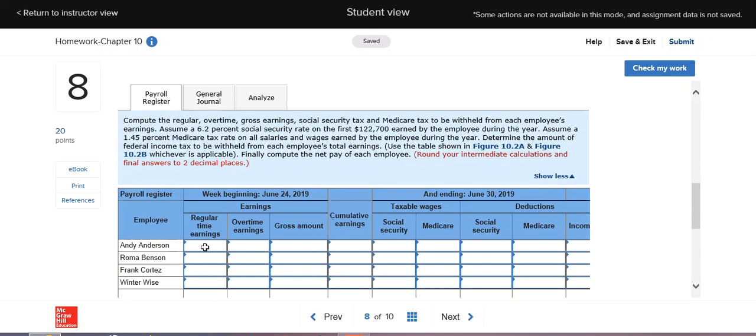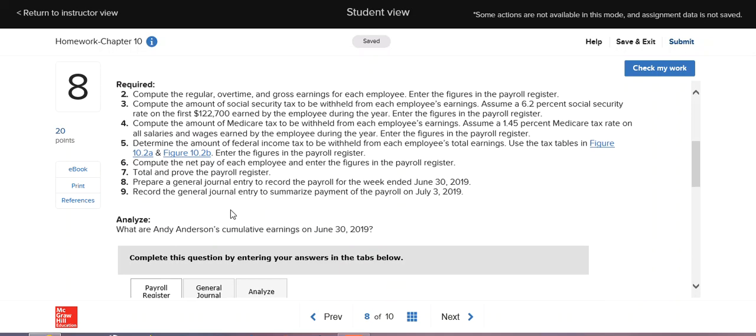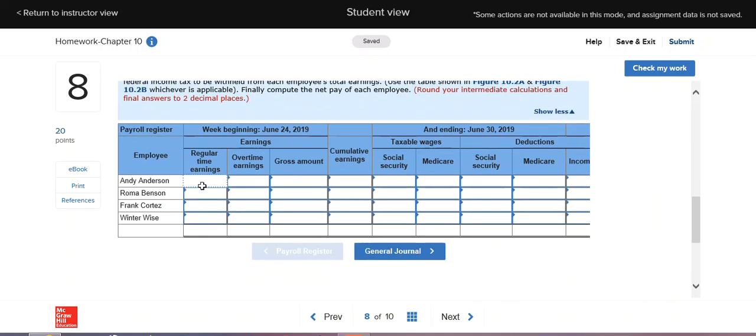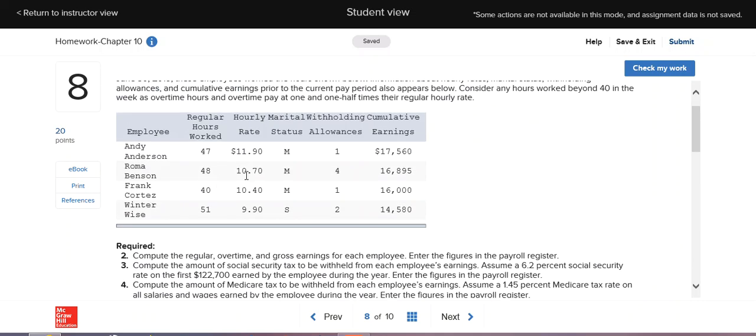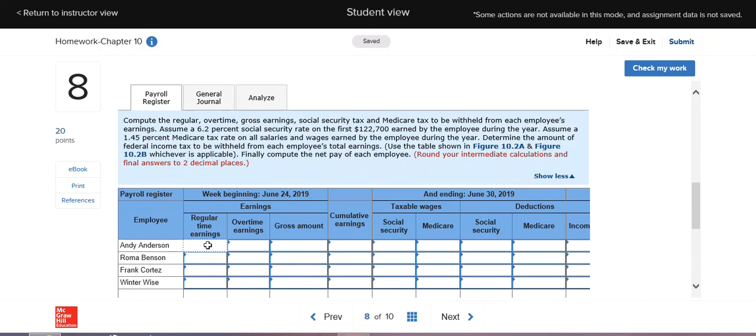Let's look at Andy Anderson. So his regular earnings, it's like he worked 47 hours. So he worked 40 hours at regular pay, 7 hours at overtime pay. Oh, it doesn't ask for the hours, it asks for the amount. So we're going to take the $11.90, which is his hourly rate, times 40 hours, and that gives us his regular pay, which is $476.